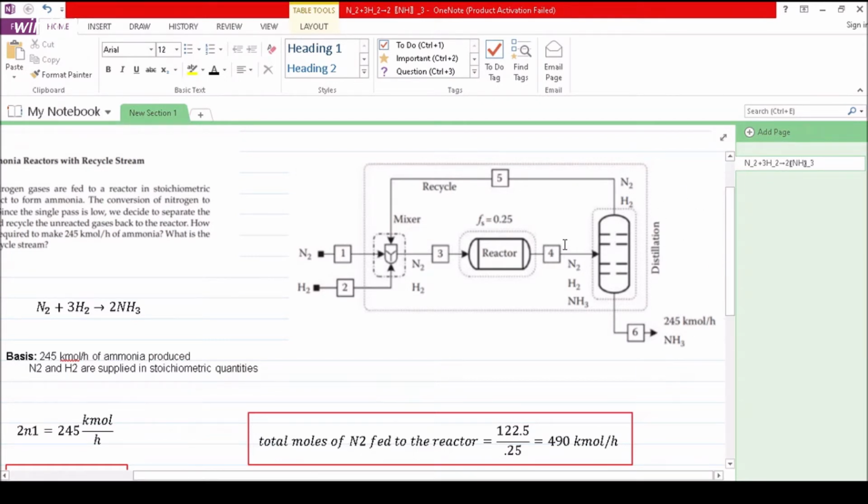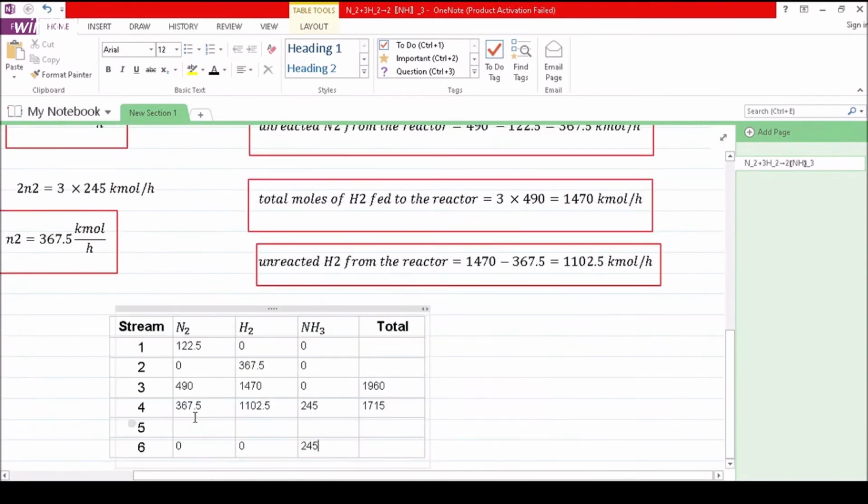So basically, this stream here is being split into the unreacted and the ammonia. So the amount of unreacted gases is just equal in both streams since they are only separated. So the amount of nitrogen in our stream 5 or recycle stream is just equal to our stream 4, the stream from our reactor.